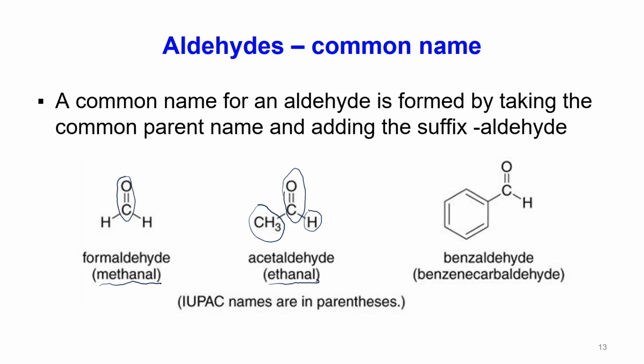Next structure, benzene carbaldehyde for the IUPAC name. This structure has a carbonyl group, which is carbon double bonded to oxygen and has one hydrogen atom, directly attached to the benzene ring. So the IUPAC name for this structure is benzene carbaldehyde, also known as benzaldehyde as the common name.